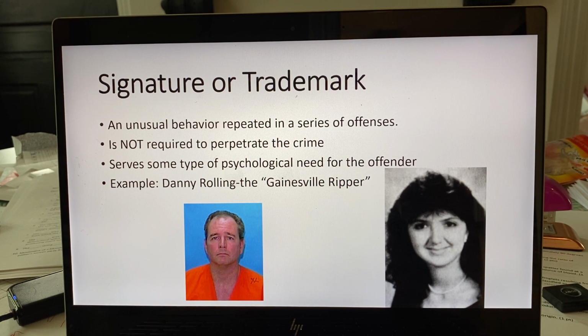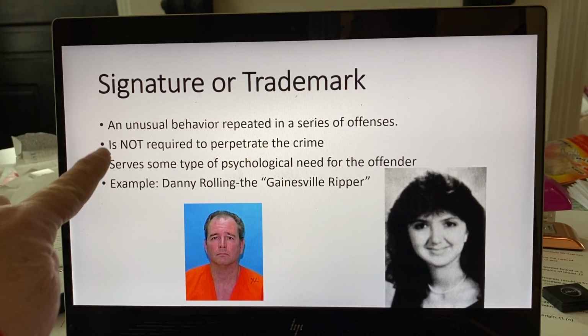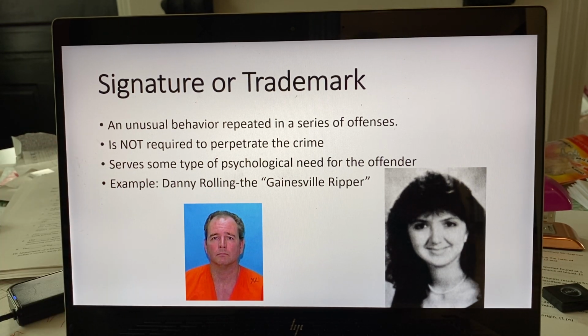It's something that is embedded into the psychology of the offender, and it's fulfilling some need for them, which is usually not obvious to investigators. It might be more obvious to people who are trained as profilers, but it's unusual, it's always repeated, and the biggest thing is it is not required to perpetrate the crime. So it doesn't help the person get away with it.